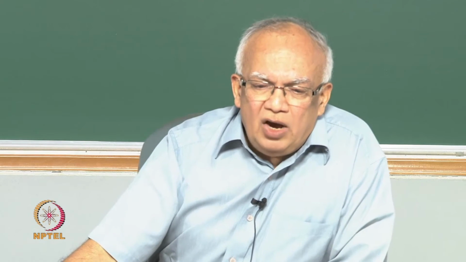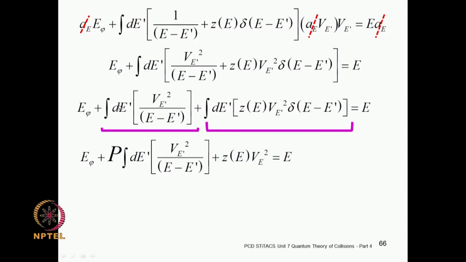Okay. So, now here what do we get? We make use of the principal value integration. From this term you have got a Dirac delta integral. Okay. So, this is a Dirac delta integration, and this will give you a value which is appropriate only for E prime equal to E, because the integration is over E prime.